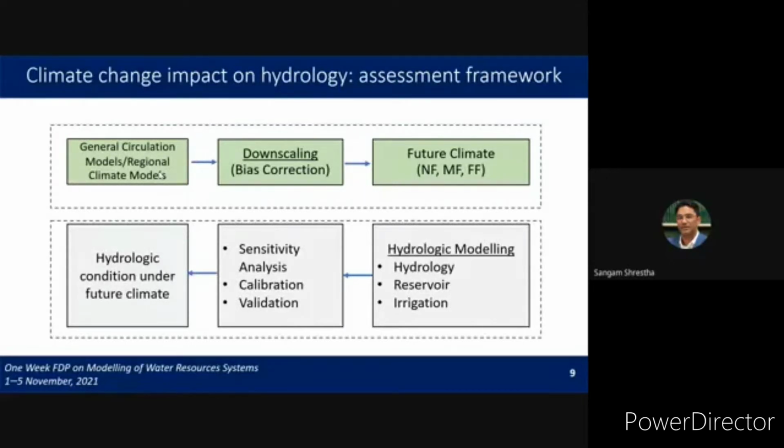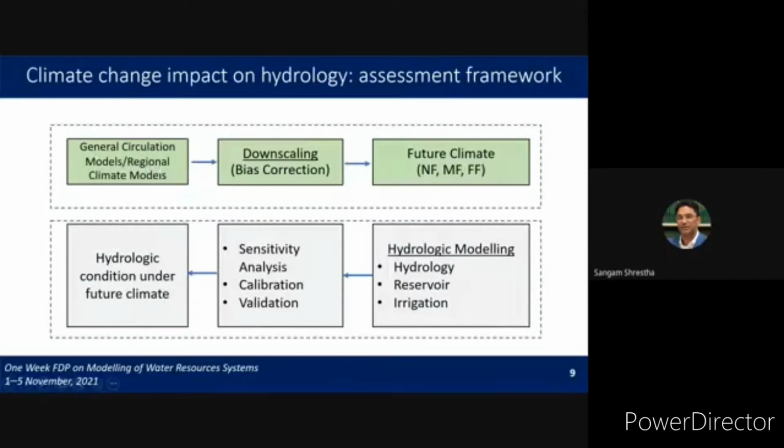These climate models have future climate data up to 2100, 2200, even 2300. But the climate data from the general circulation models or regional climate models cannot be used directly to assess the climate change impact on the hydrology or water resources at the local scale or the basin scale.